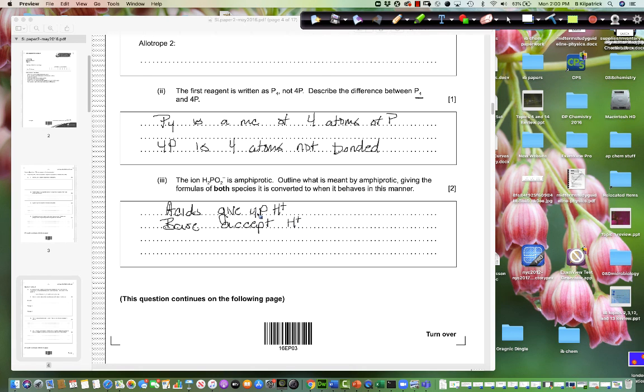Okay, so amphiprotic means that it can do both. Okay, so you have to be able to explain what amphiprotic means, and then you also have to give, okay, so of this, what would it be? Give the acid version and then give the base.